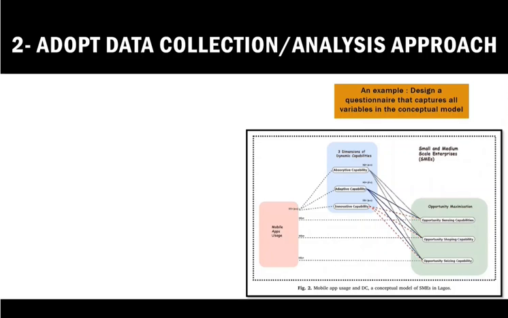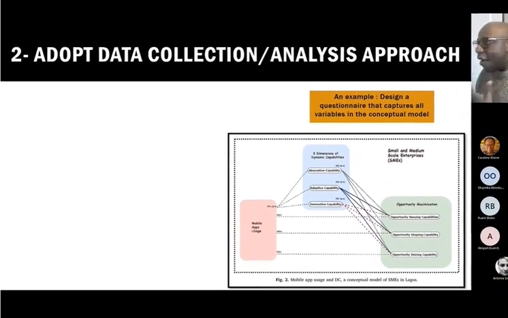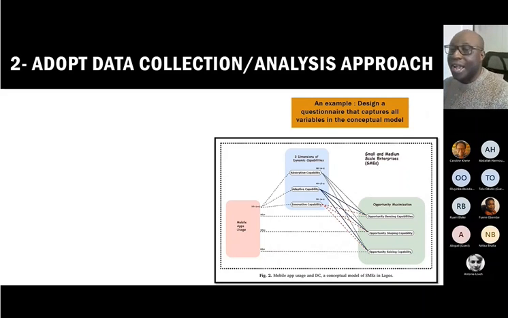But I need for us to put this somewhere at the back of our mind: your model at some point will already begin to speak to the kind of analysis approach or strategy that you're going to use at the end of the day. So let's get back here now.